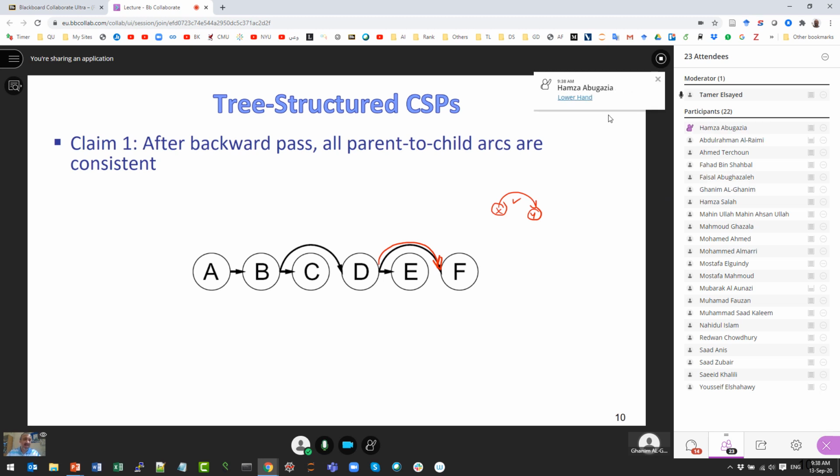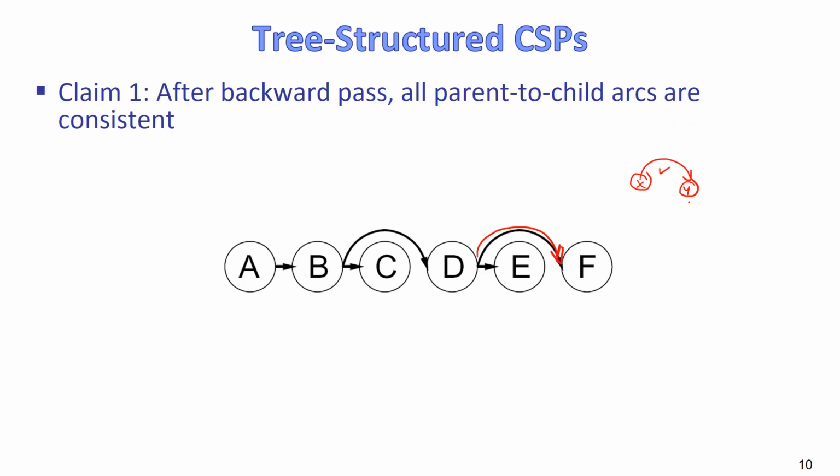We said that last time, Hamza? No, let's just focus on this case, Hamza, x to y. So when will be the case that we need to recheck x to y? Generally, don't worry about this graph now.